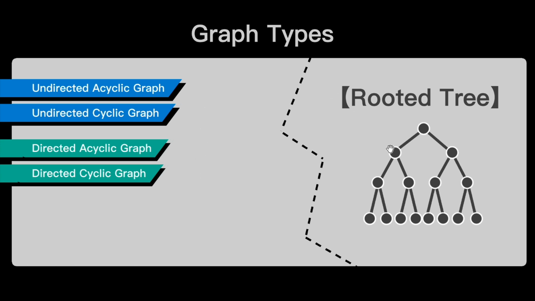You can see on the right, there's no direction. So meaning it's an undirected graph. Is there a cycle or a circle being formed? No, there is none. So actually a rooted tree is an undirected acyclic graph.